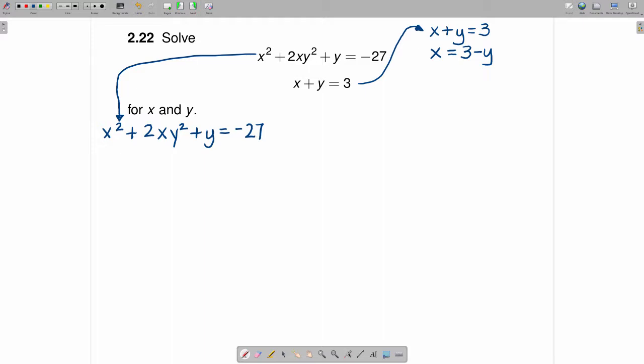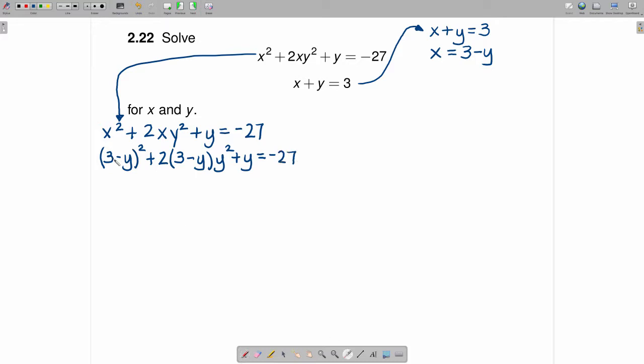Now, everywhere that I see an x in that equation, I'm going to replace it with 3 minus y. So this becomes 3 minus y squared plus 2 times 3 minus y times y squared plus y is equal to negative 27.